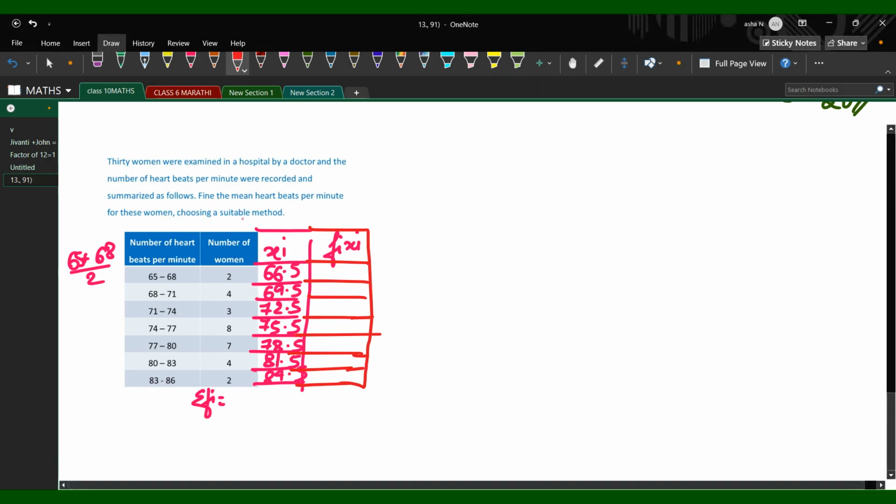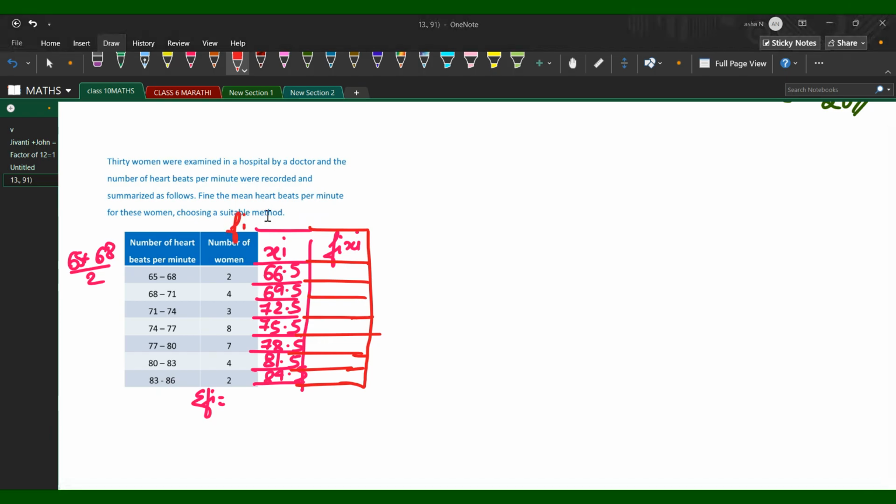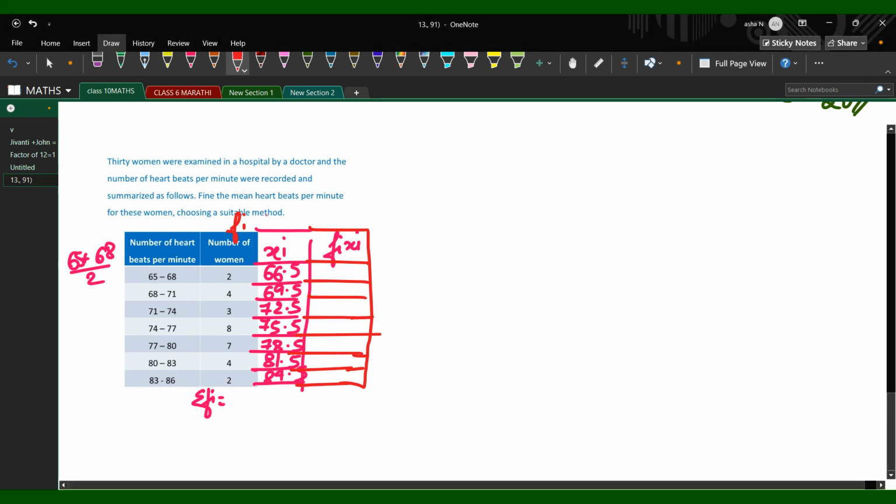This is fi, the number of women. Correct.